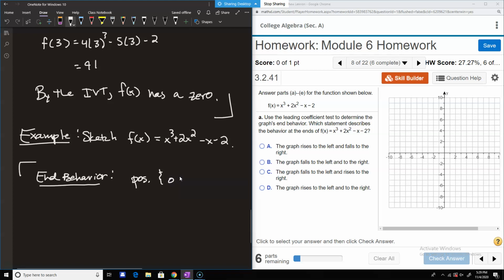So positive and odd, what kind of end behavior does that mean? That means falls left and rises right. If you scan back in the notes. So that is falls left and rises right, choice C.